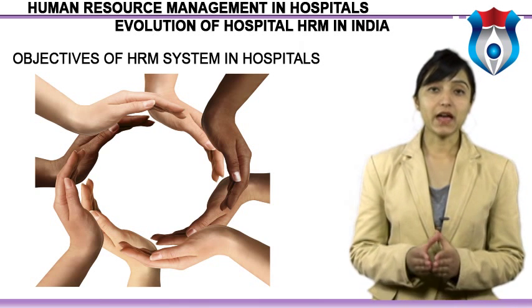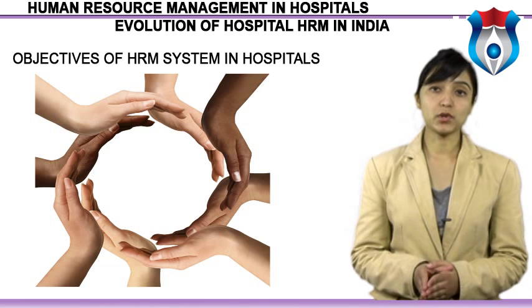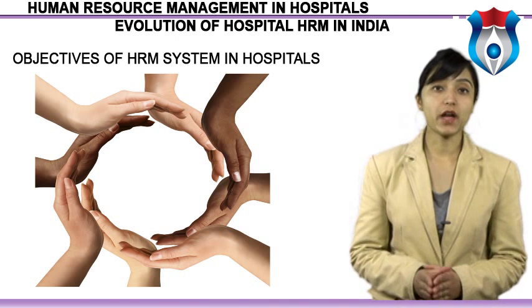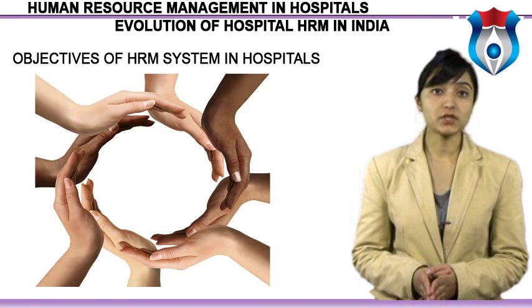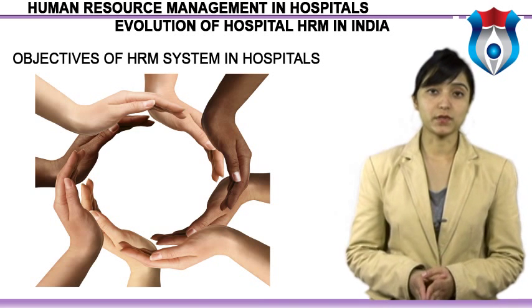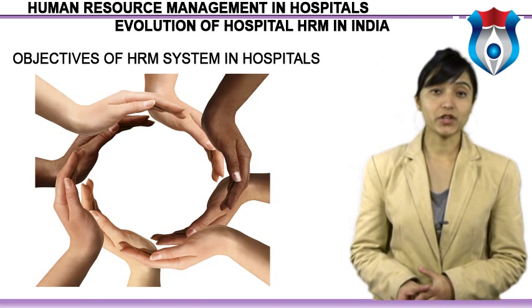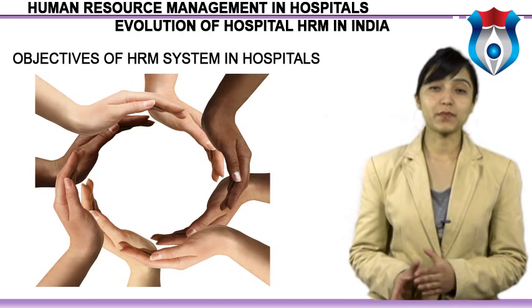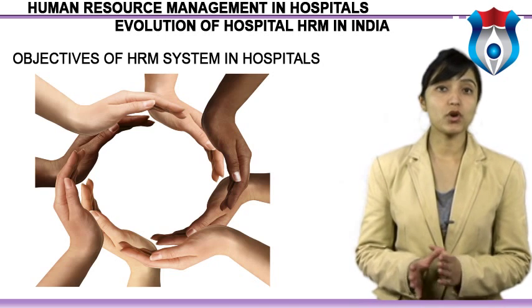Ensure respect and the well-being of the individual employee. Ensure the maximum development of the individual and to help him/her contribute his/her best to the hospital. Ensure the satisfaction of the various needs of individuals in order to obtain their maximum contribution to achieve the hospital's goals.